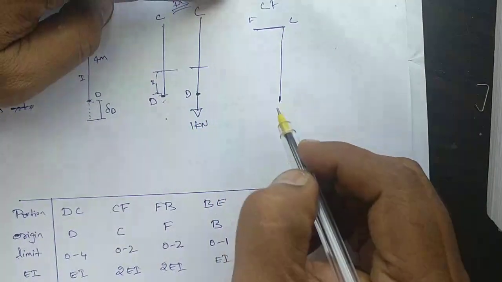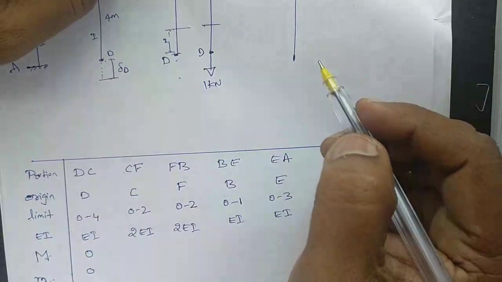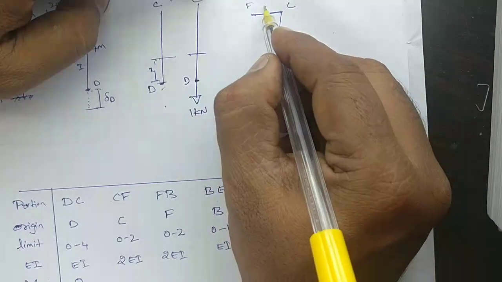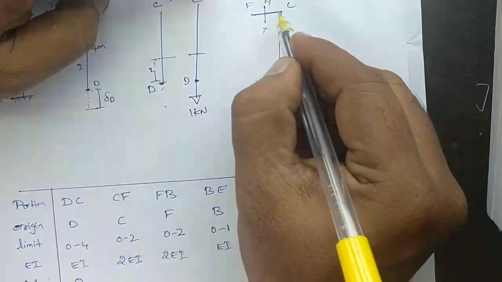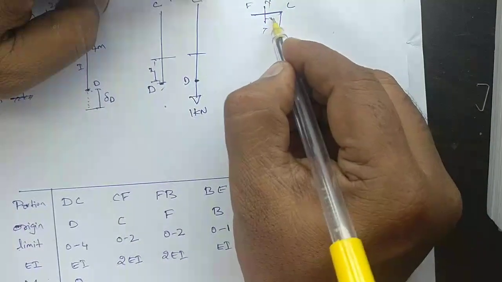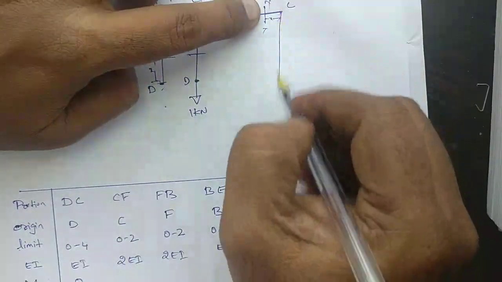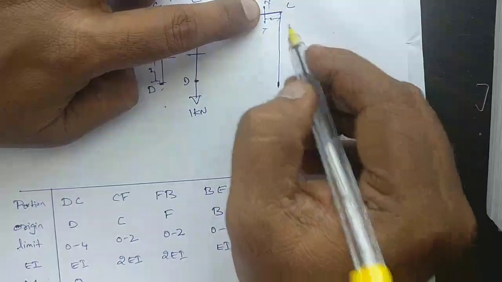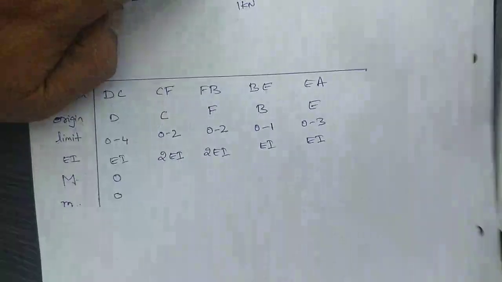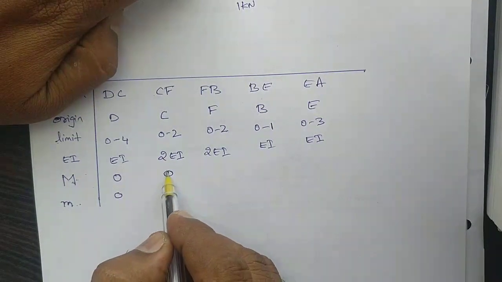Now again, if I take a cross section here, from here to here it is X, but again we don't have any force here, so capital M again will become 0.